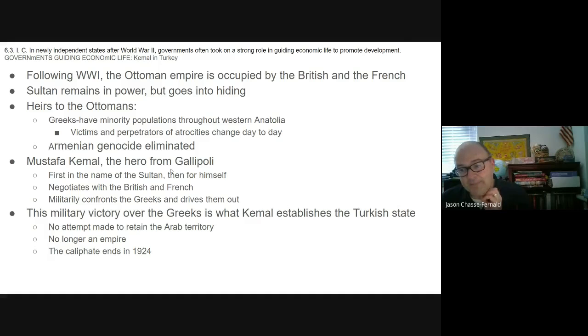From the Anzac point of view, it is something that every school child learns about in Australia and New Zealand, because of the sacrifices made there by the Anzacs. There is a film that was made about it called Gallipoli, starring a very young Mel Gibson, if you're interested in period piece films.